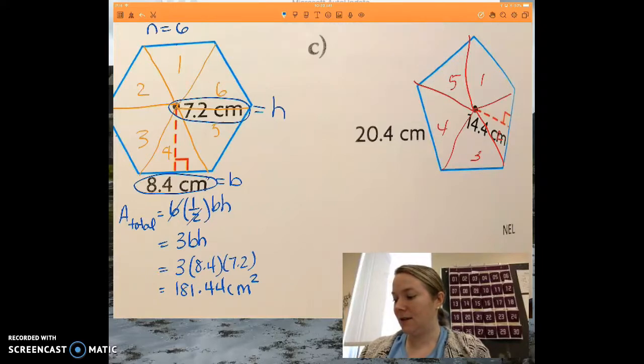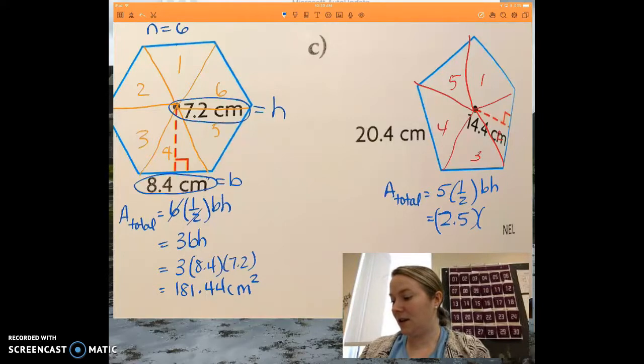And so we have area total is 5 times 1/2 base times height, which is 2.5 times base. The base is 20.4. The height is 14.4.